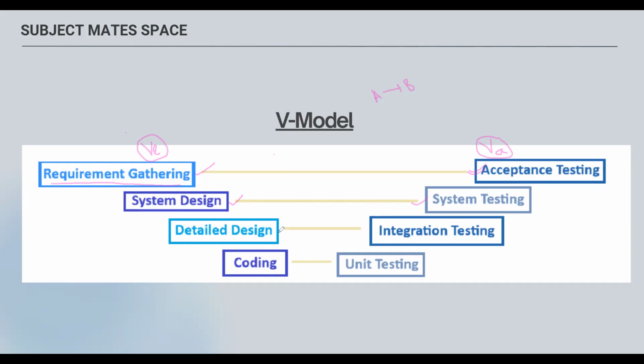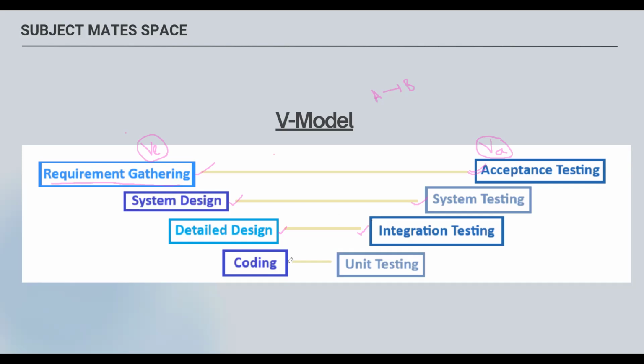Next is the detailed designing part. Once the designing is completed, we are going to do integration testing, which means we are going to look into each and every element and understand how it reacts and whether there are any problems in the workflows or not.